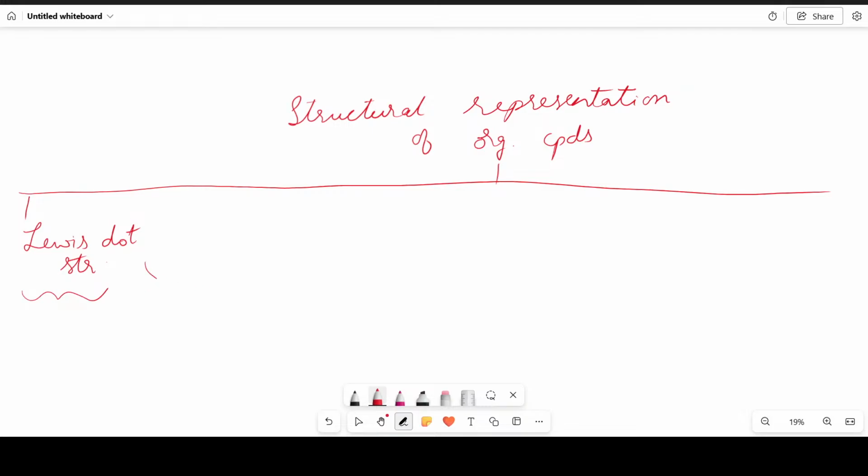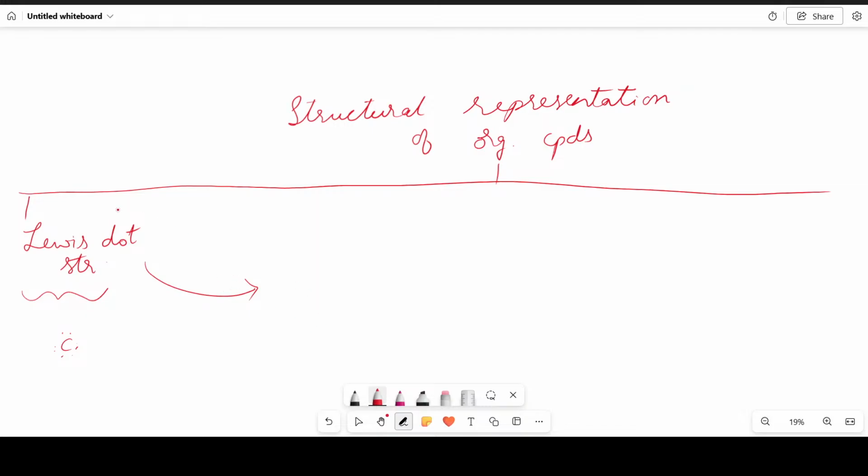Therefore, it is further simplified by writing each pair of electrons. So you are going to write dots, isn't it? You're going to represent the dots around the central atom and write the structure in the Lewis dot structure.